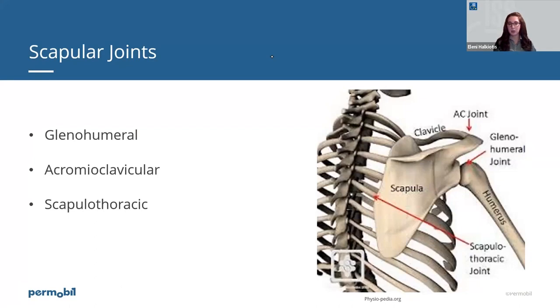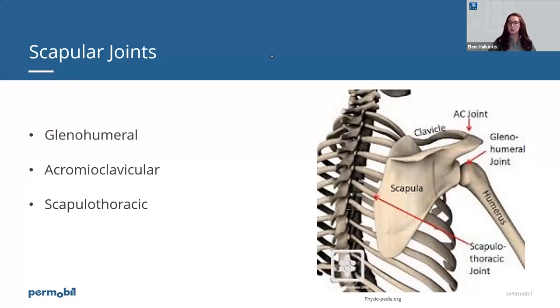And the third joint we're going to talk about, the scapulothoracic joint, is not a true joint in the sense of the word, but really it's more of an interplay between the scapula and the thoracic spine. And it's connected to the thoracic spine through the subscapularis and some other musculature.